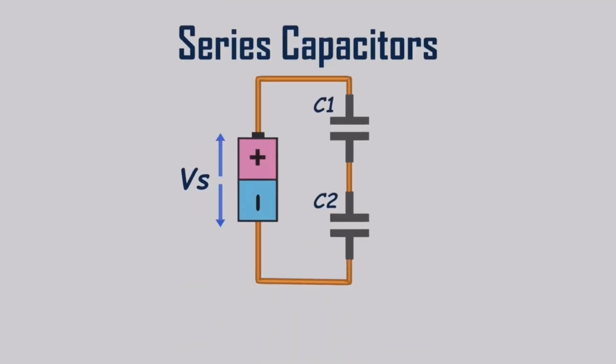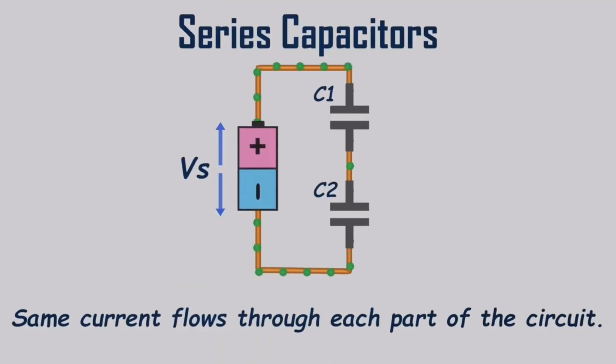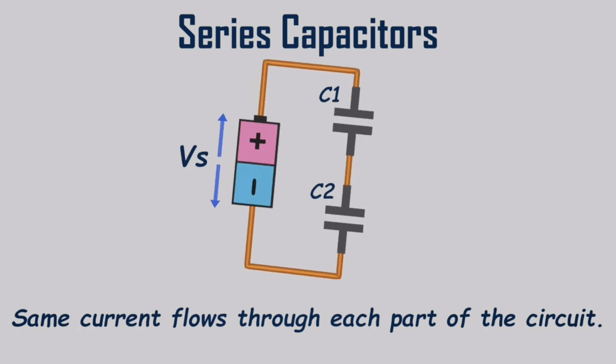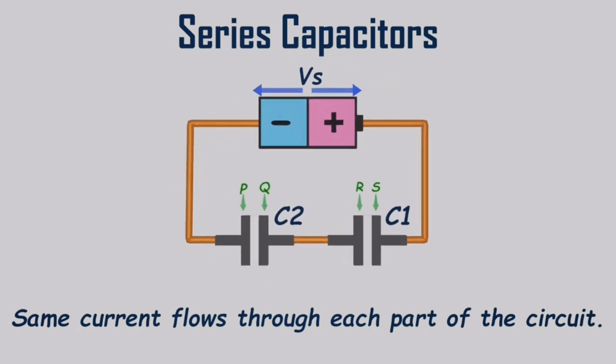In a series capacitive circuit, the same displacement current flows through each part of the circuit. Let's examine this more closely. For clarity, let's name the plates as P, Q, R, and S. If one electron moves from the negative side to plate P of C1, one electron has to leave plate Q to plate R of C2.